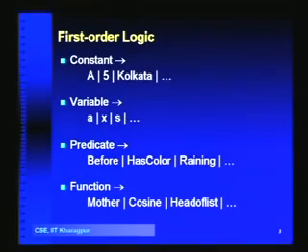We have constants like A5, Kolkata, etc. We can have variables which usually will be written in small letters. We will have predicates like before, has color and raining, and we will also have functions. Now, there is a difference between predicates and functions.